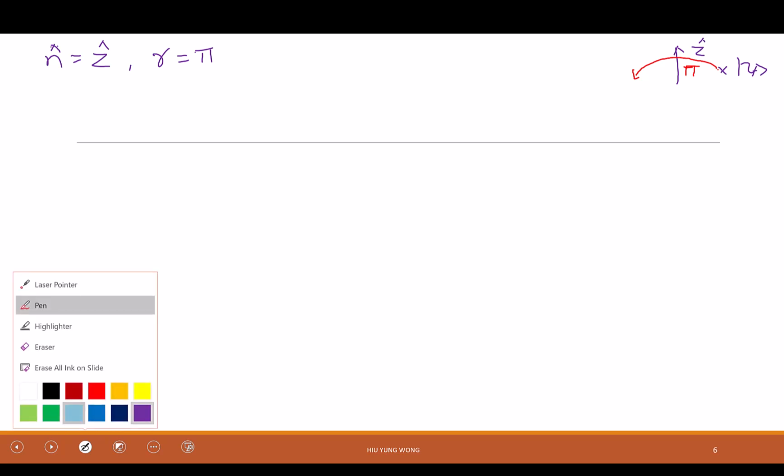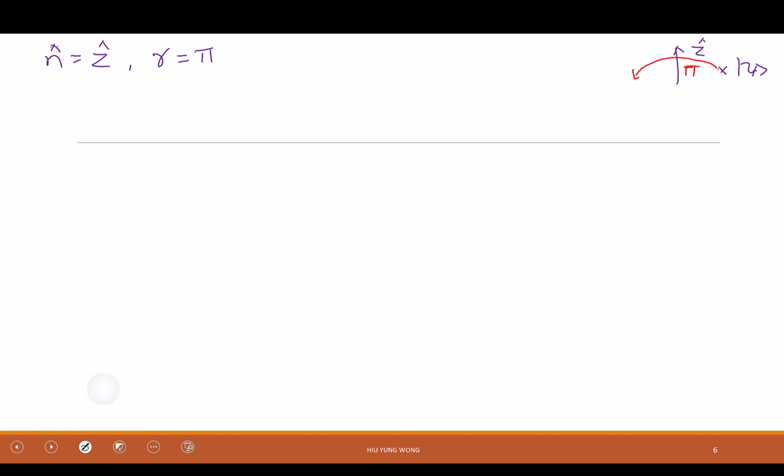This will bring me to psi dash. It brings me to another state by doing this rotation. Now n equals z hat, so the axis is vertical z. Is that okay? Okay, so let's try to construct the gate.